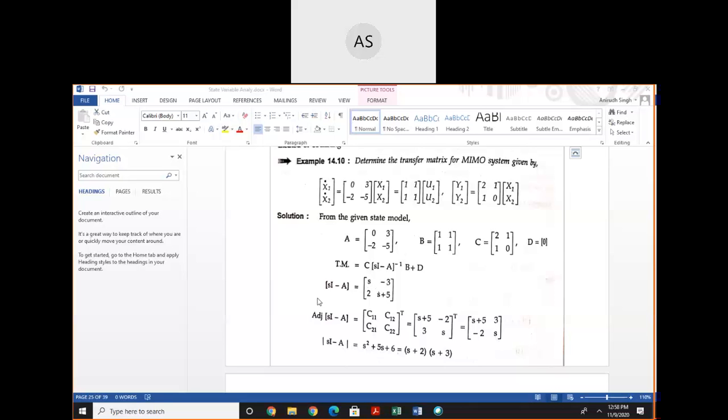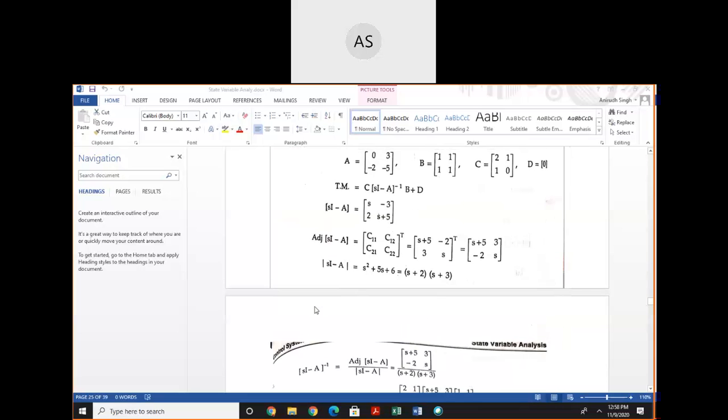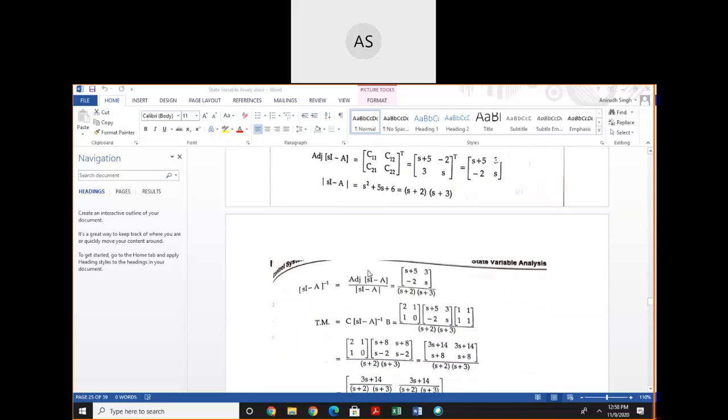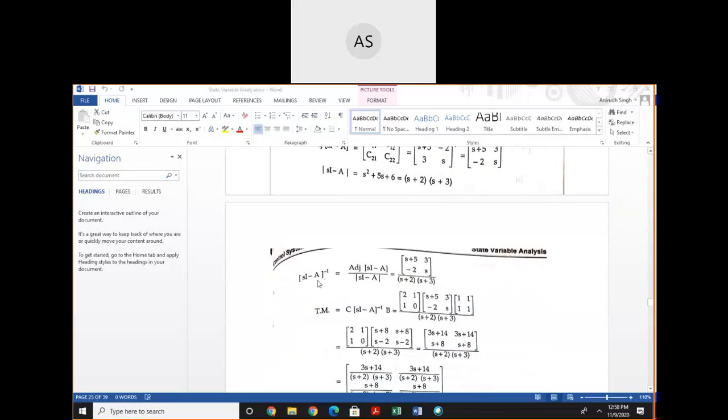This row becomes a column: 3 and S. And take the determinant of SI minus A. The determinant of SI minus A is S multiplied by S plus 5, minus 6. So we get this as the determinant value of SI minus A.